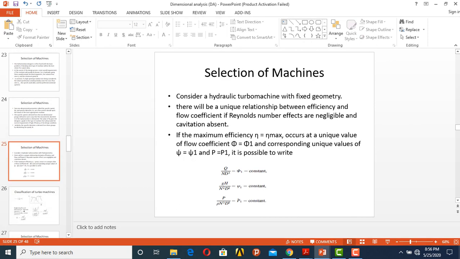So let's consider hydraulic turbomachinery with fixed geometry. That is, the design is not changing, the impeller is not changing, the diameter is not changing.